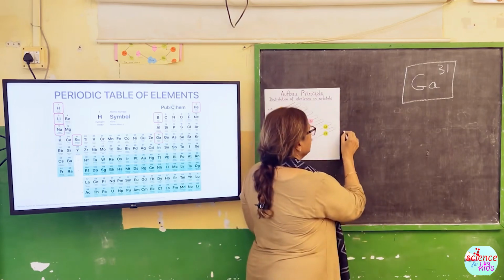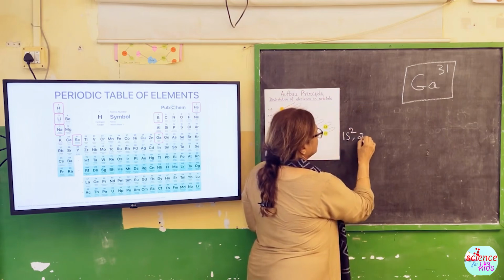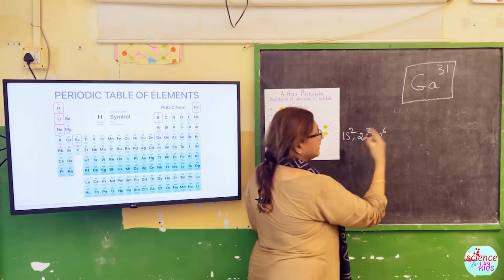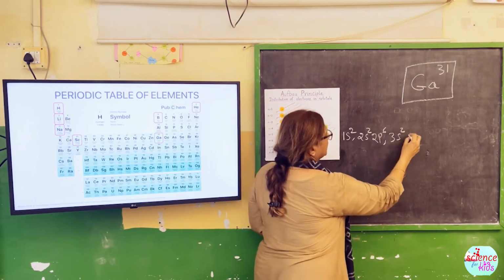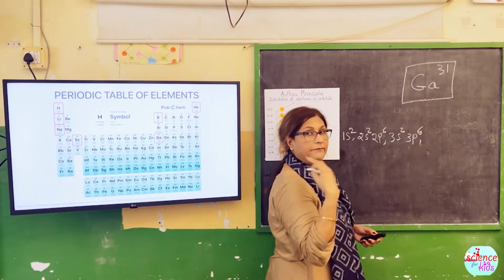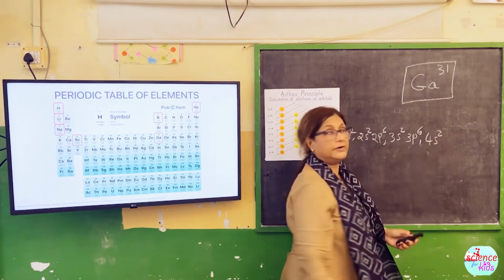So we start from 1s2, 2s2, 2p6, then we move on to 3s2, 3p6, then we move on to 4s2. Now after 4s, what comes?